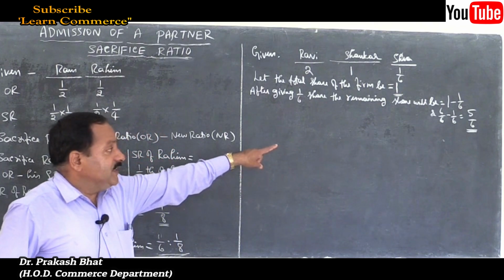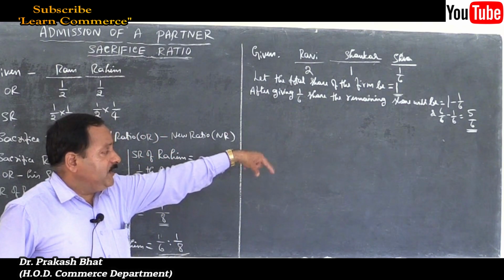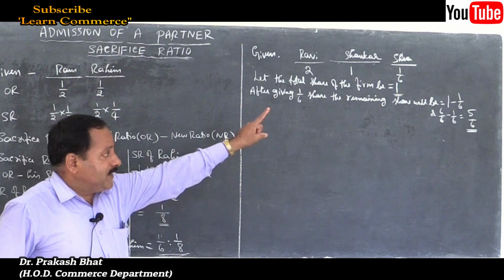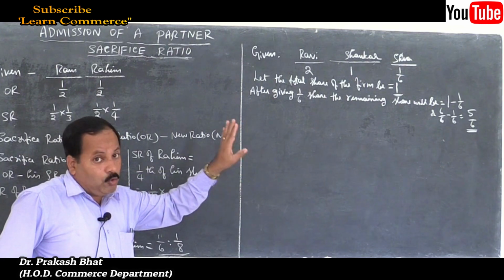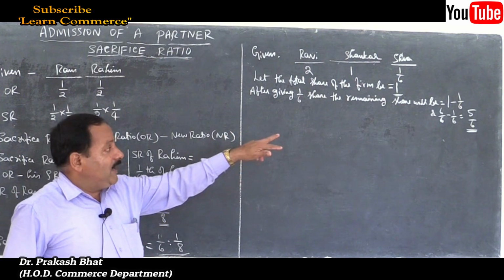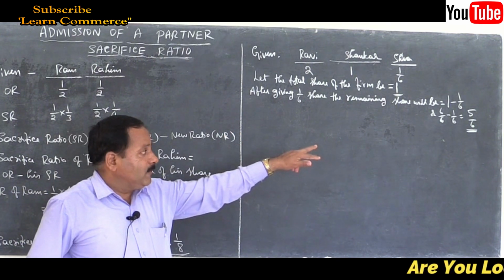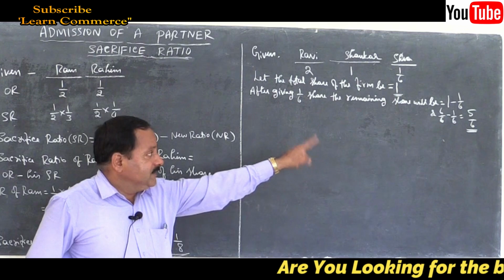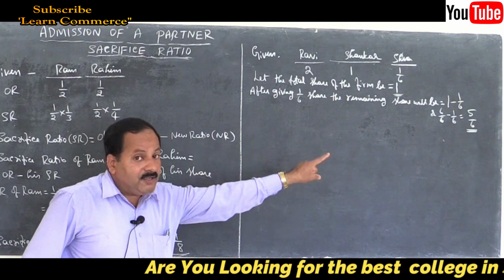Remaining share in this case, after giving 1/6 share, the total share of the firm is 1 or 6/6, the whole profit of the firm, and minus 1/6 that is given to new partner, the remaining share will be 5/6.